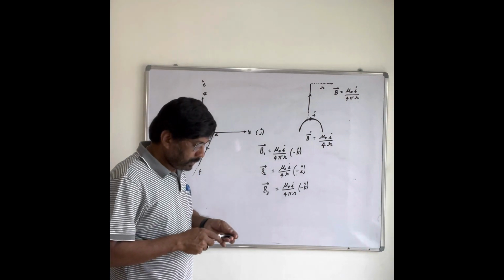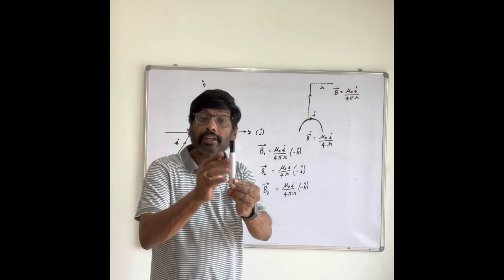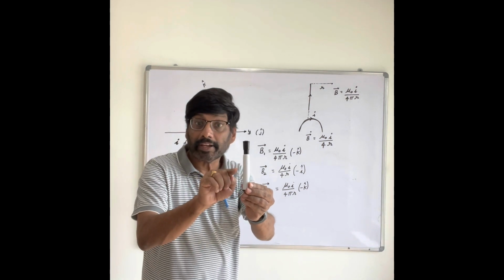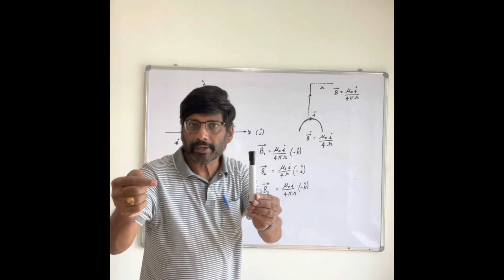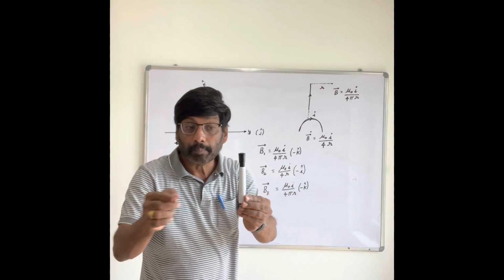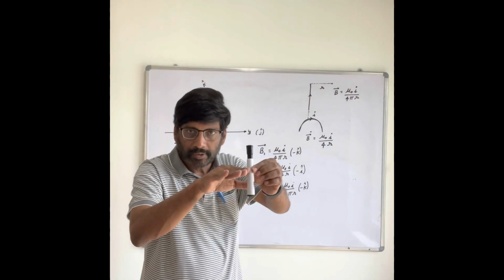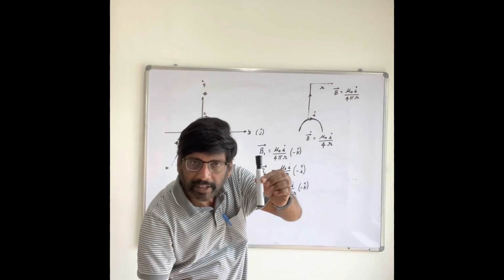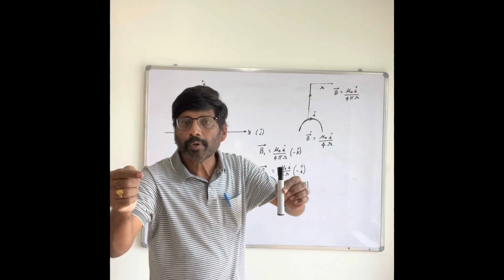Now we know that the magnetic field due to an infinitely long conductor at any distance r is mu naught I by 2 pi r. But if you remove the upper part, so that you have an infinite conductor on only one side, then at the end the magnetic field is mu naught I by 4 pi r.